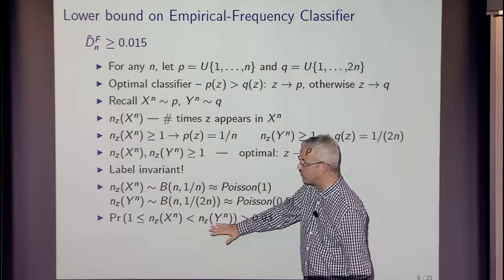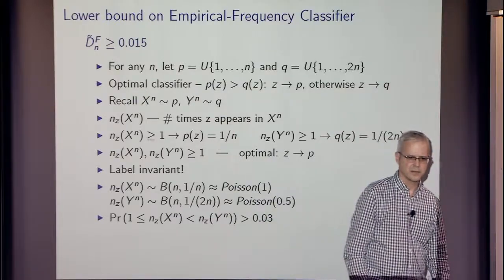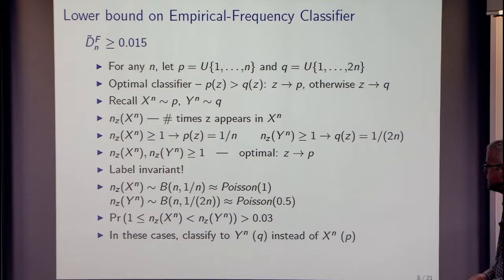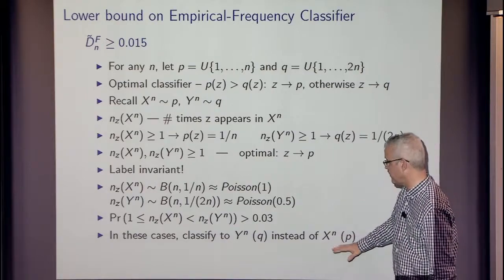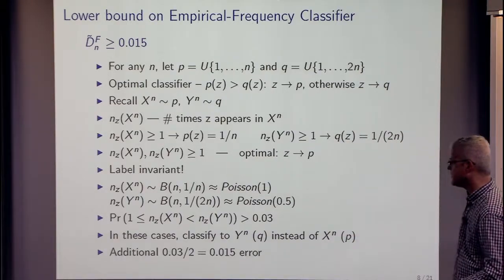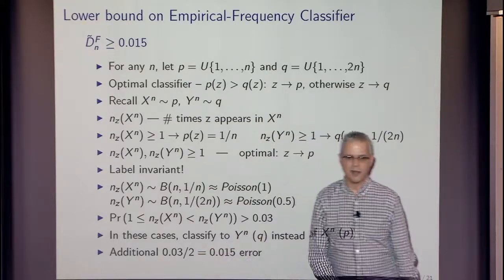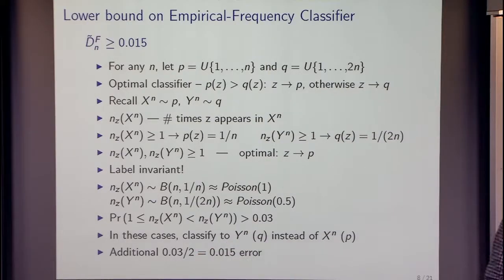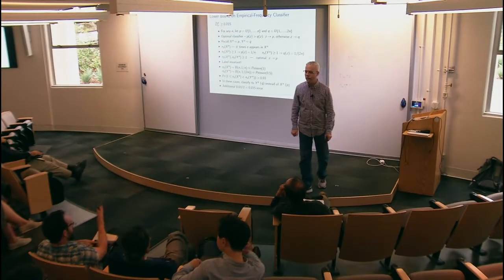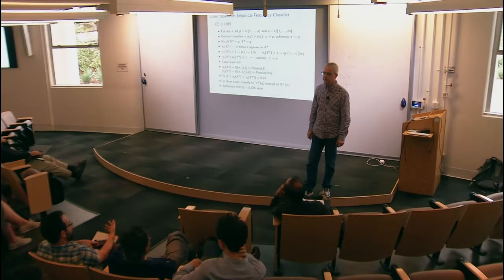You'll be assigning it to Y, whereas you should have been assigning it to X. So in this case, you classify to Y instead of X, which is what you should have done. And so the additional error is this probability, times 1/2. But it's not clear if you see a small number: the maximum likelihood thing classifies all small numbers in the first, and the second one says, well, if you see a small number, you're not 100% sure it came from the first.